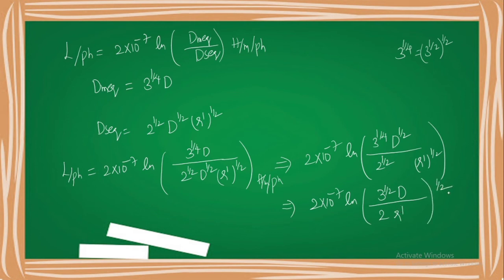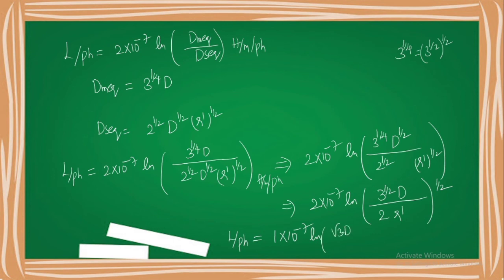Whole power 1 by 2, if you can send it to the coefficient term. So L per phase now finally can be written as 2 into 10 power minus 7 by 2. You will get 1. So 1 into 10 power minus 7 into ln of, what is 3 power 1 by 2?